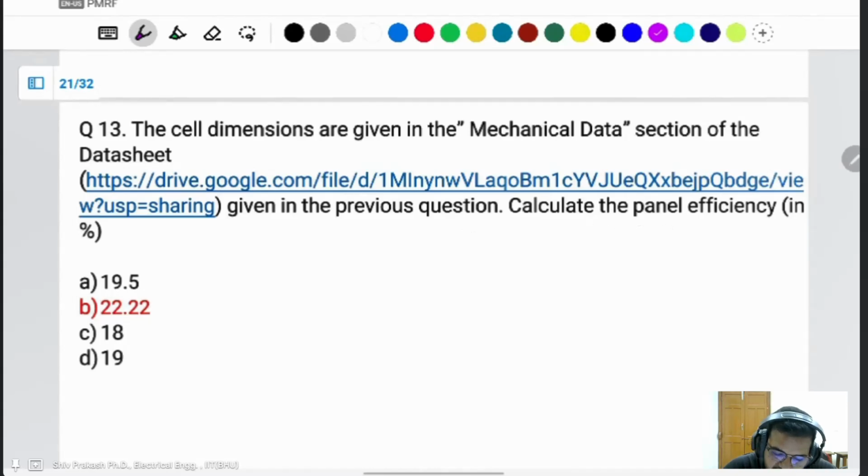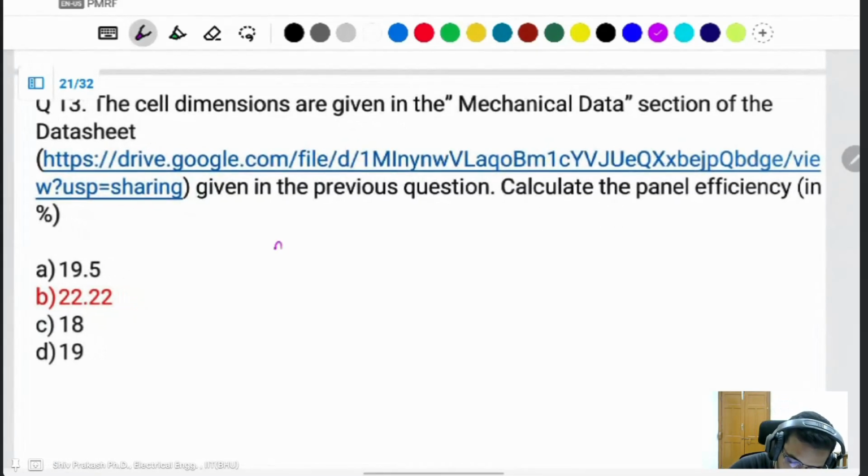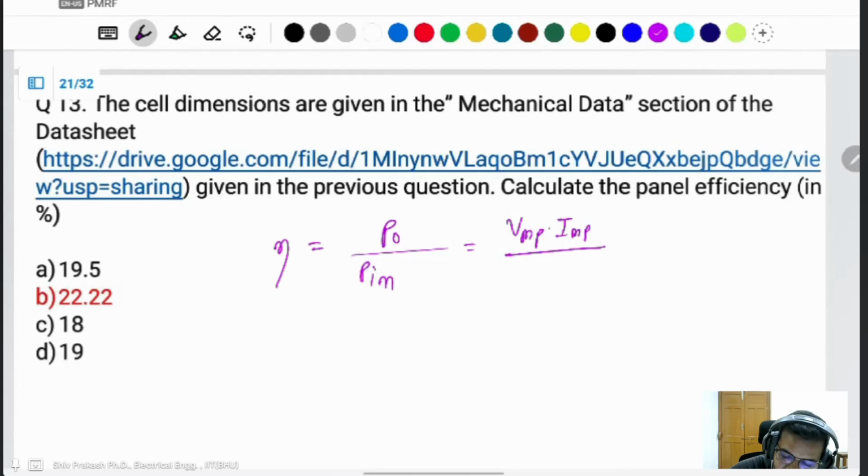Now, using the mechanical data section of the data sheet, calculate the panel efficiency. Panel efficiency is output power divided by input power. Output power is VMP into IMP. Input power is insolation into area.